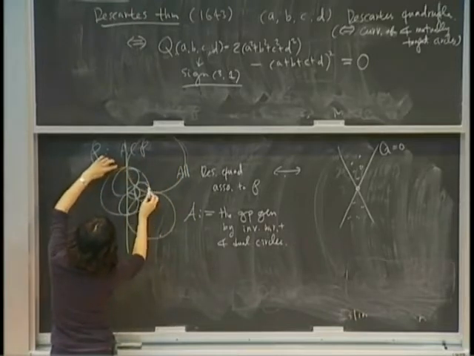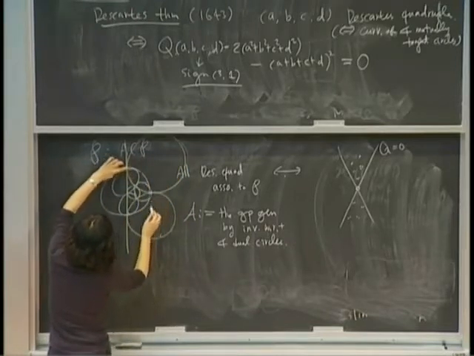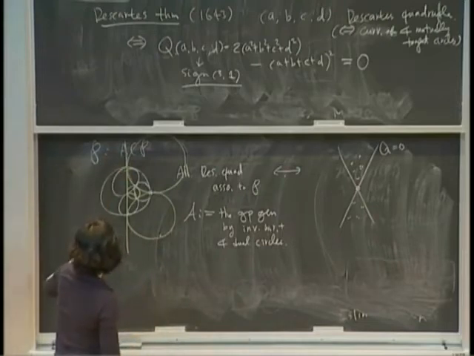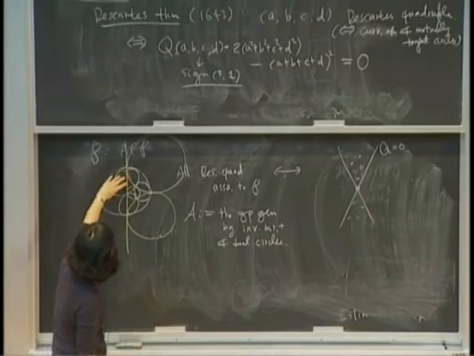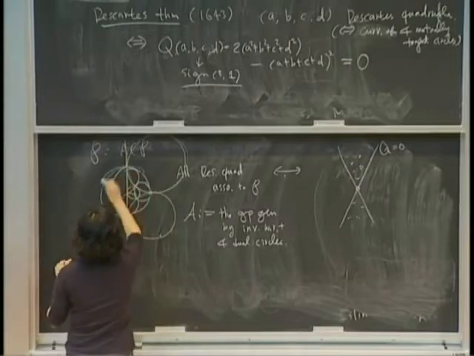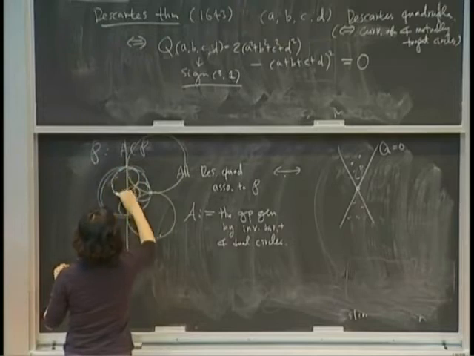Then it meets, so let's see. It meets 3 circles. Well, somehow I don't see this right away. I have this one. What does it invert to?